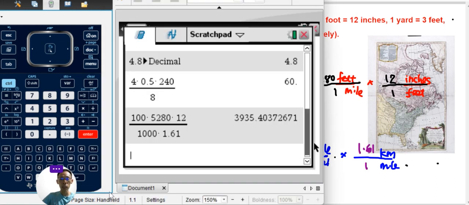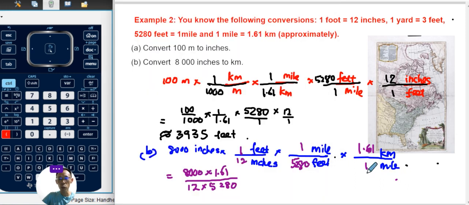So this is what I have to calculate. So put in 8,000 times 1.61, and then divide by big bracket, and then I have to write 12 times 5280.